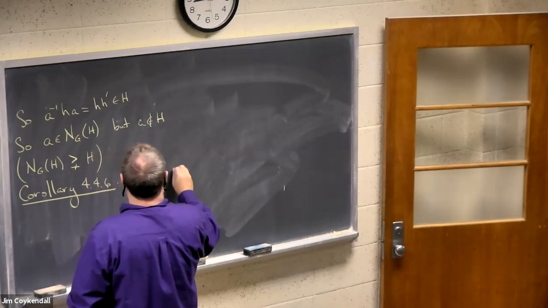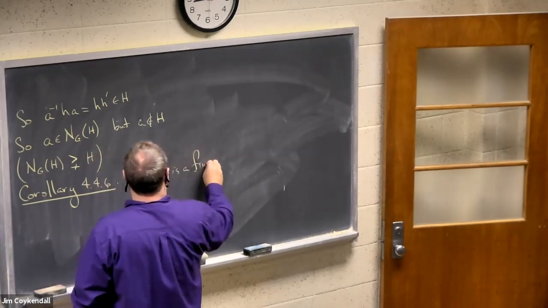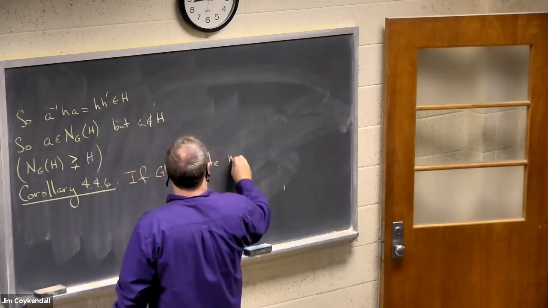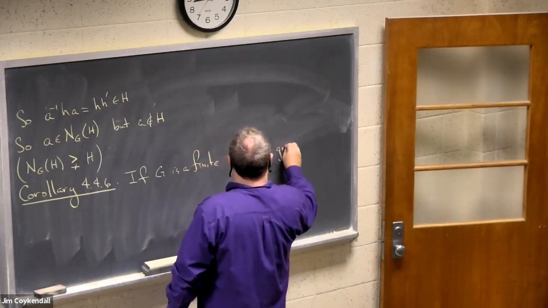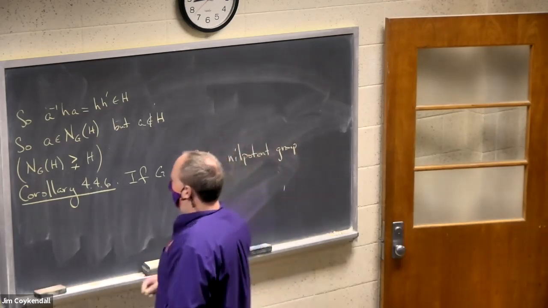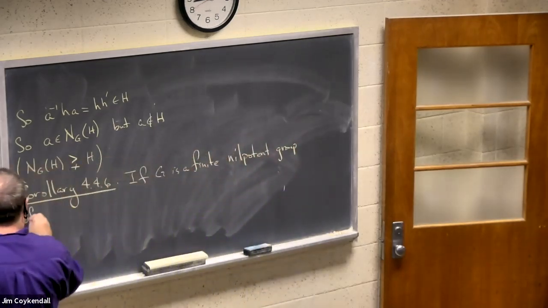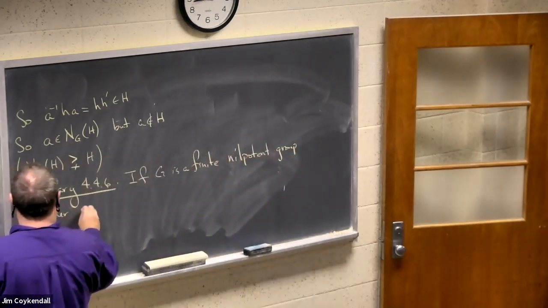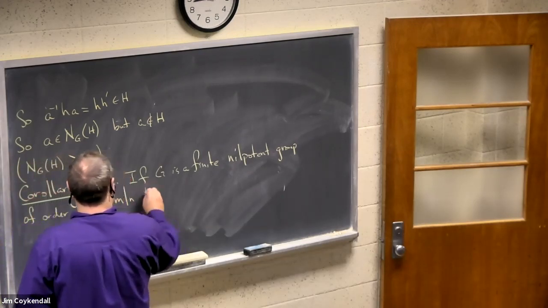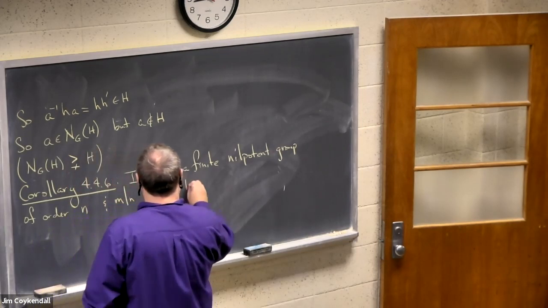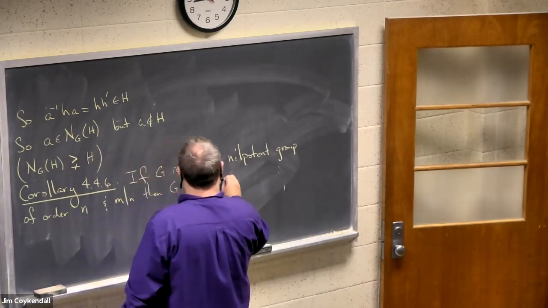If G is a finite nilpotent group of order n, and m divides n, then G has a subgroup of order m.